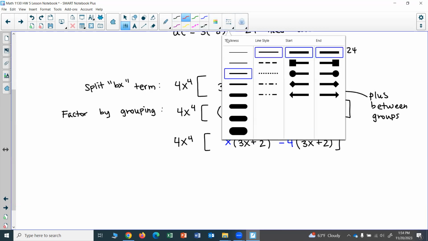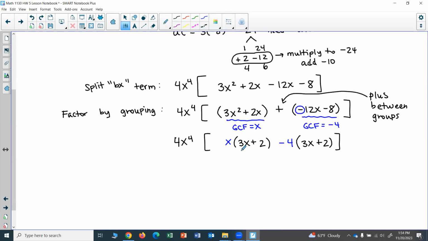Remember, with factoring by grouping, what you end up with at this point in the parentheses has to be the same. The reason is that we're going to factor out the 3x plus 2 from these two terms.